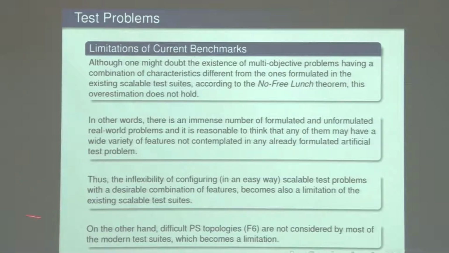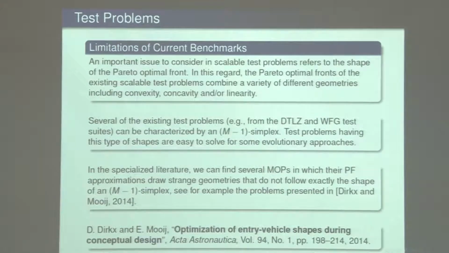So if we don't have flexibility for adding these features, this is, of course, a limitation of the test suites we have today. And finally, difficult Pareto set topologies, which is the sixth feature. Don't forget that Pareto set refers to decision variable space. They are not considered by most of the modern test suites. And this, of course, becomes another limitation.